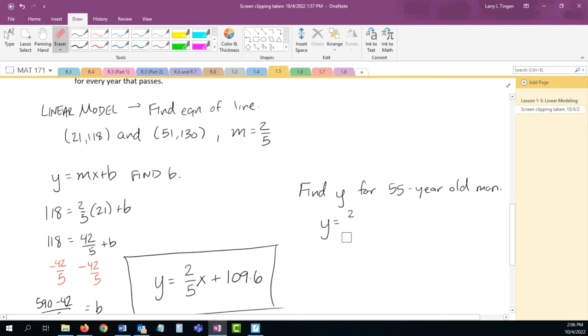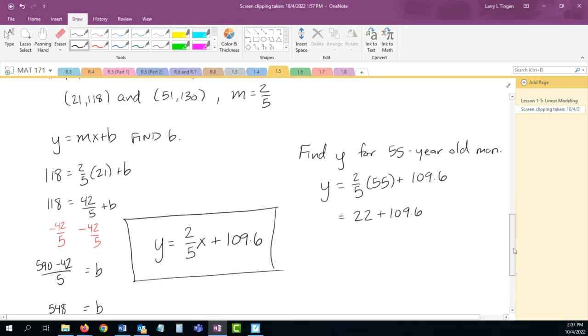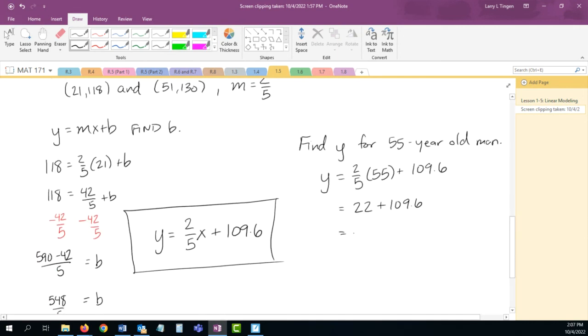Y is, we have it right here, 2/5 times x, where x is the age in years. So that's 55. 55 divided by 5 is 11. 2 times 11 is 22. 22 plus 109 is 131.6.